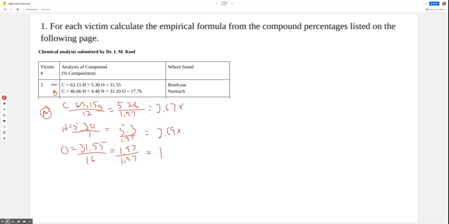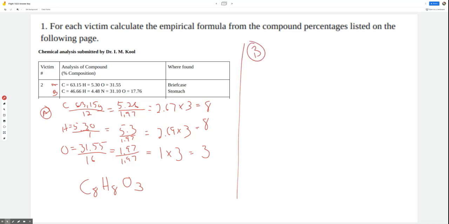When you come out to something around 2.66-ish to 2.7 roughly, you want to multiply by 3. And then we get 8, 8, 3. So the formula is C8H8O3 for that compound.